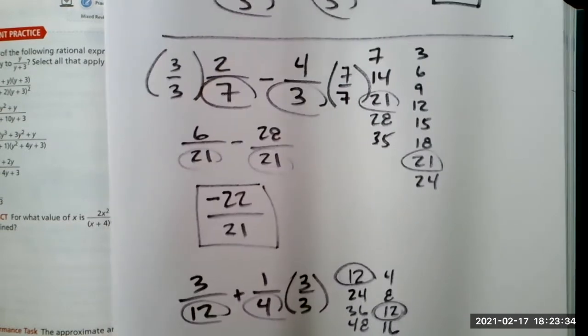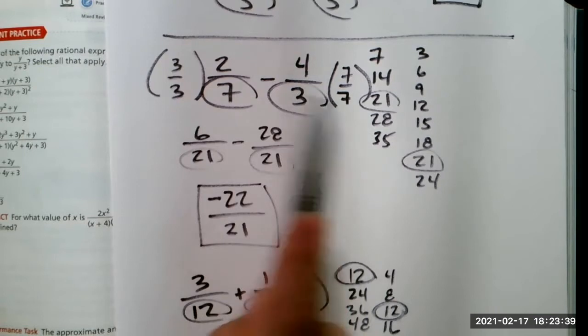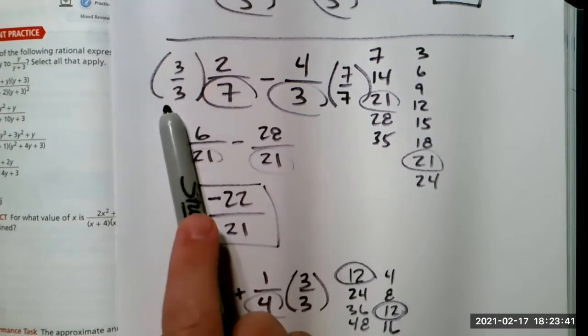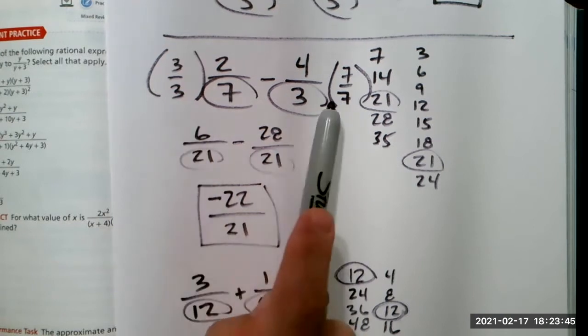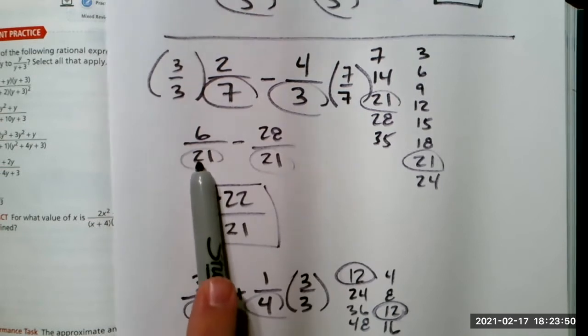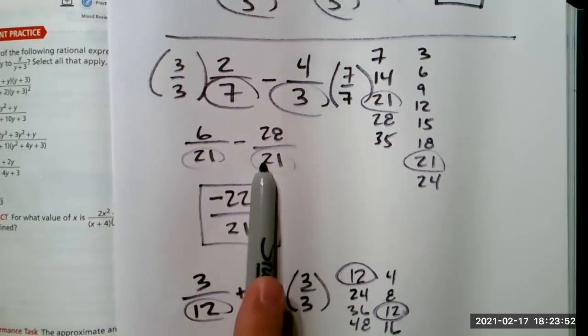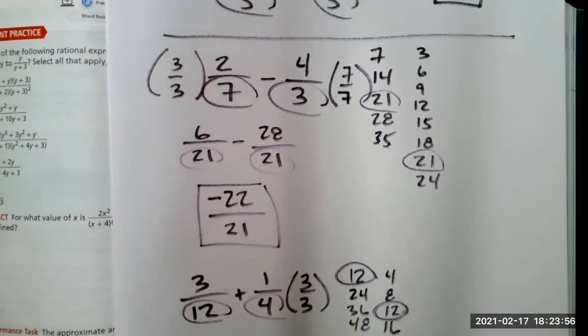And then the third example is where both of your fractions have to be multiplied by something. It doesn't have to be the same thing. This is multiplied by 3/3. This is multiplied by 7/7. So you can multiply those two fractions by different things. But again, your whole goal is to make sure your denominator is exactly the same between both fractions.